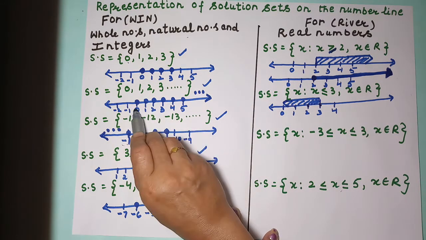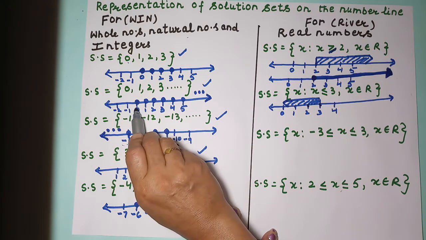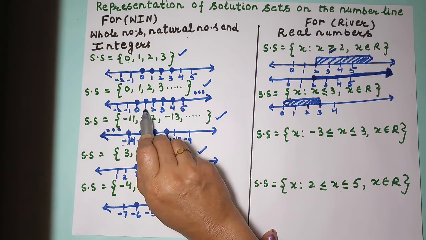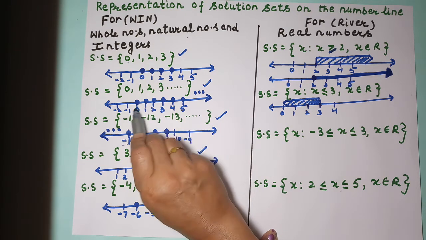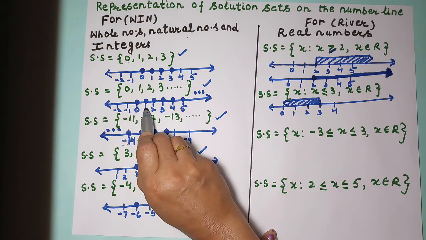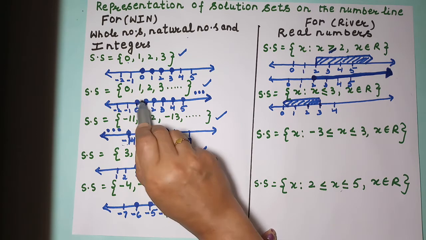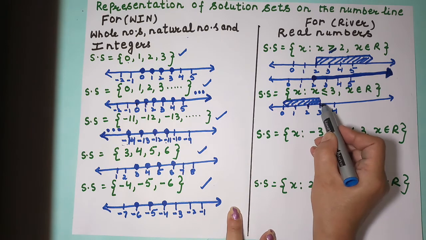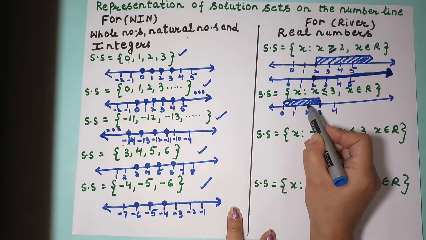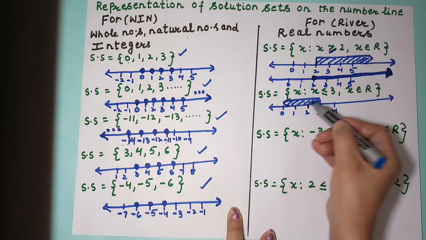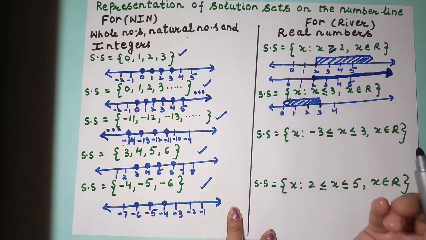Unlike here, because here after 0, which was the next whole number? 1. There is no whole number between 0 and 1. That's why after this dot, we are putting this dot. But here, all the numbers which are between 3 and 2 are real numbers. That's why we are taking it like a river.